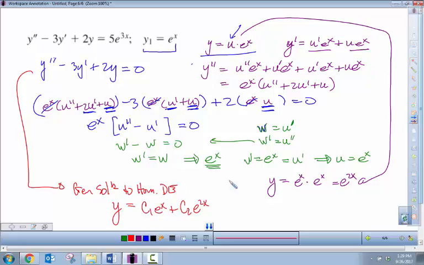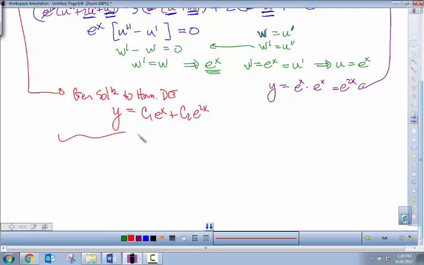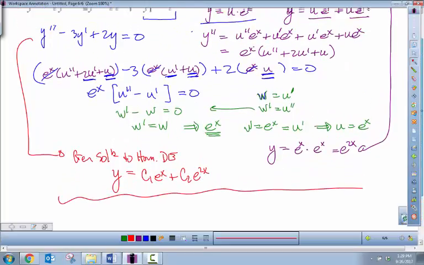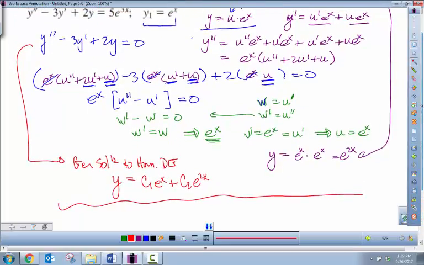That was last section though. So this general solution, we're trying to label these as we go, write out steps. This is the homogeneous general solution.